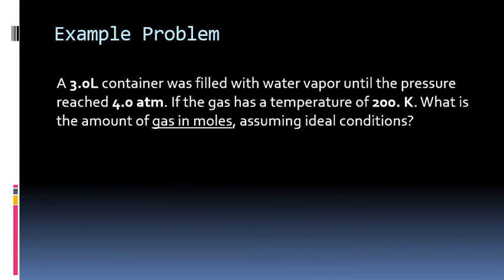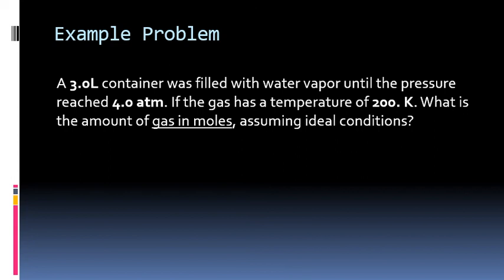Now though, for this class, you don't actually need to use any of the individual gas laws or the real gas law because it's a little more complicated than what the class needs. However, for this class, you should have an understanding of the ideal gas law, PV equals nRT.